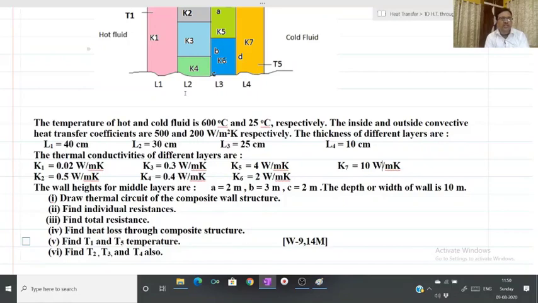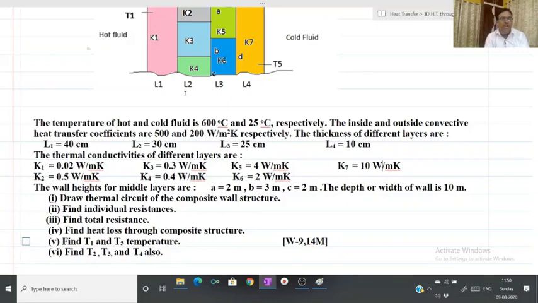The thermal conductivities of different layers are K1 equal to 0.02 watt per meter Kelvin, K3 equal to 0.3 watt per meter Kelvin, K2 equal to 0.5 watt per meter Kelvin, K4 equal to 0.4 watt per meter Kelvin, K5 equal to 4 watt per meter Kelvin, K6 equal to 2 watt per meter Kelvin, and K7 equal to 10 watt per meter Kelvin.